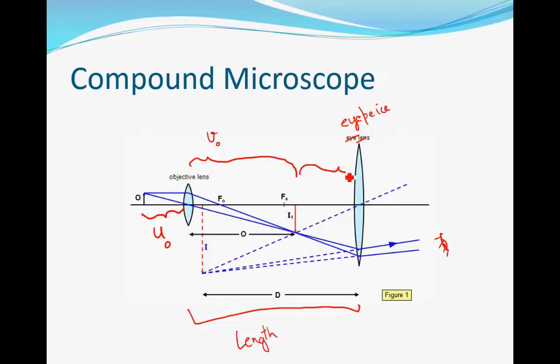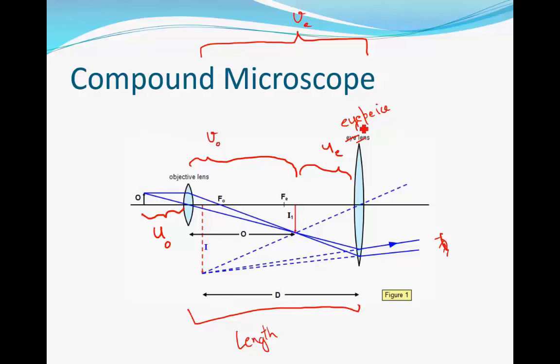This is called UE, or the object distance for the eyepiece. And this distance, I'm not going to label it, it will make the figure messy, I'll just label it maybe here. This distance is called VE. Now all of these are positive quantities. This distance is FO, the focal length of the objective. This distance is FE, the focal length of the eyepiece.